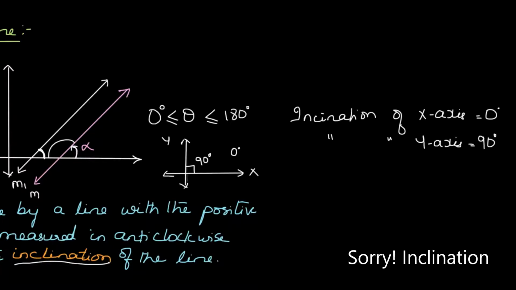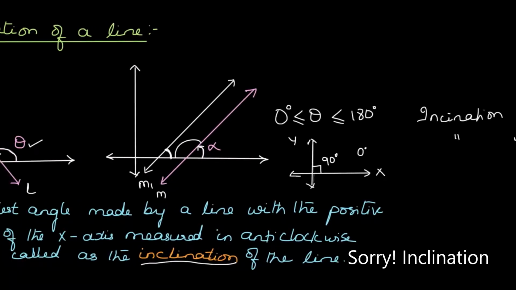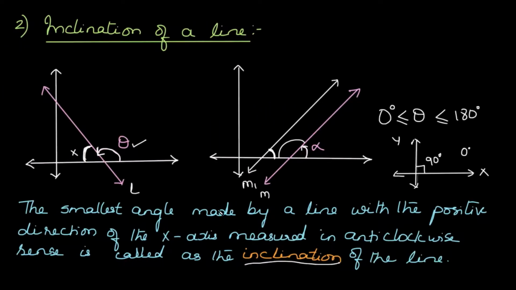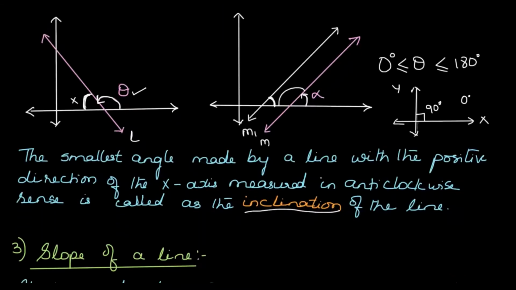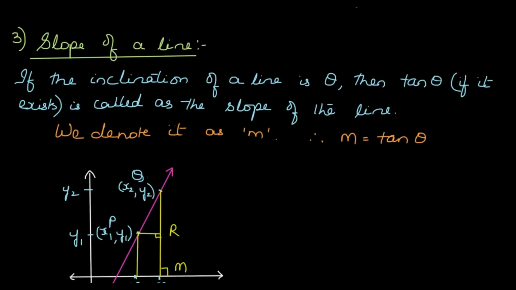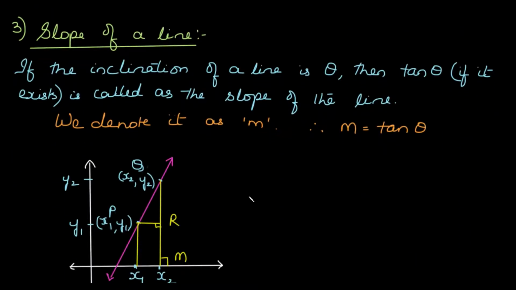Now that you have learned the meaning of inclination of a line, we can go to the further concept which will be understood only if you understand inclination. That is, we come to the meaning of slope of a line. If the inclination of a line is theta, that is, if the angle made by the line with the positive x-axis is theta, then tan theta, if it exists, is called the slope of the line.